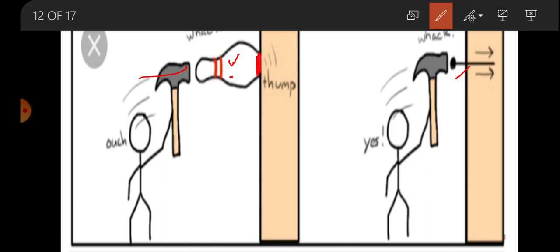So this object will not go inside the wall, but as soon as he applies the same force, suppose he is applying 50 Newton force on this particular object, same force 50 Newton he applied on this particular pin. So as soon as he applied 50 Newton, this pin will go inside the wall.